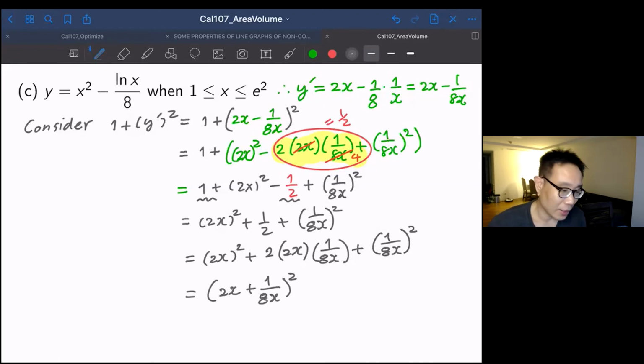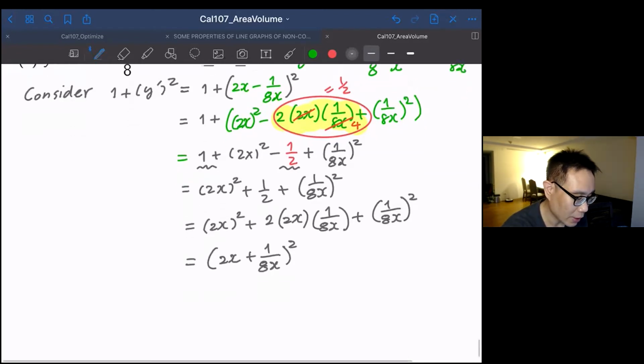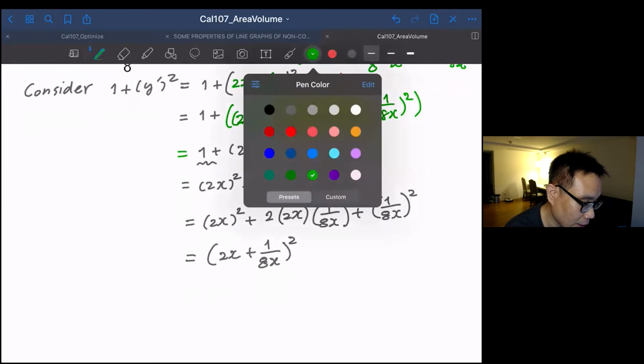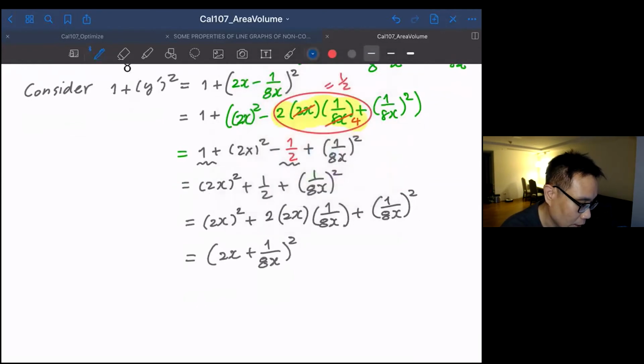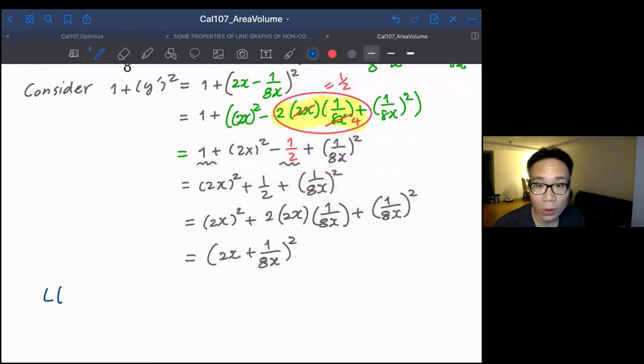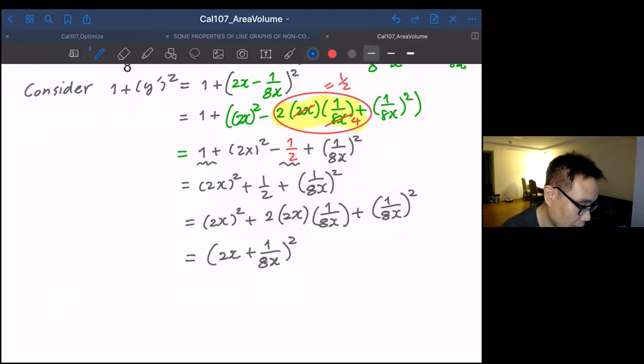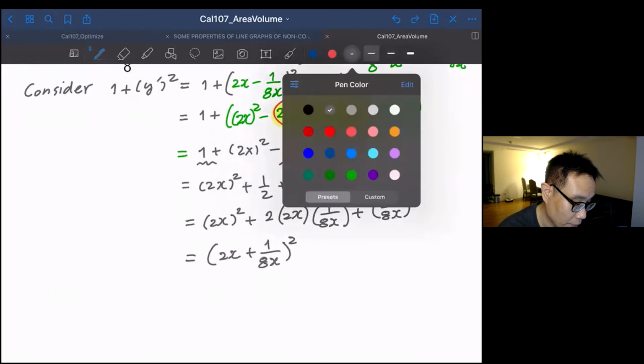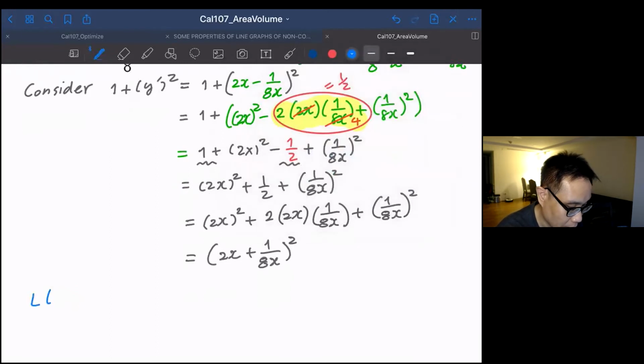Why do I need this? Because you're going to find the arc length by the formula. L from 1 to e squared. Let me use a lighter color.